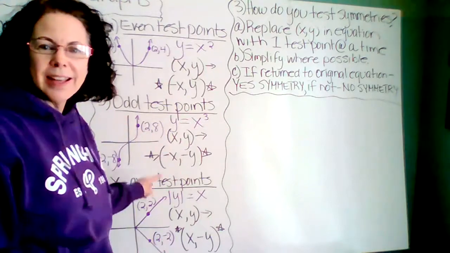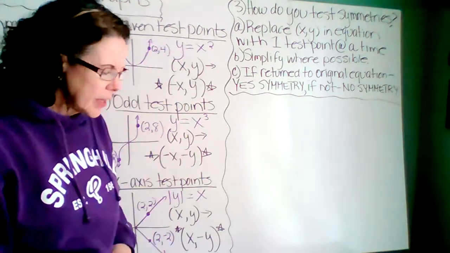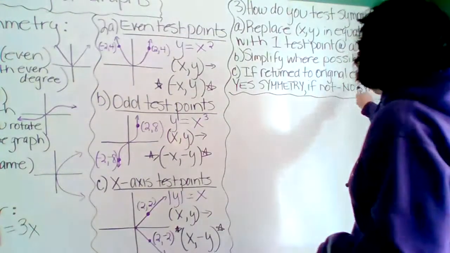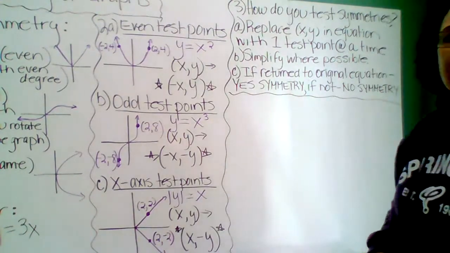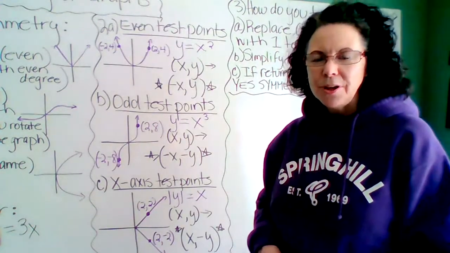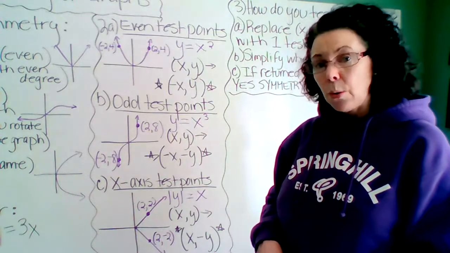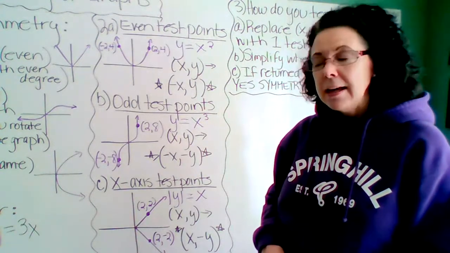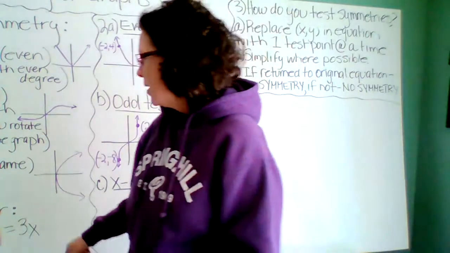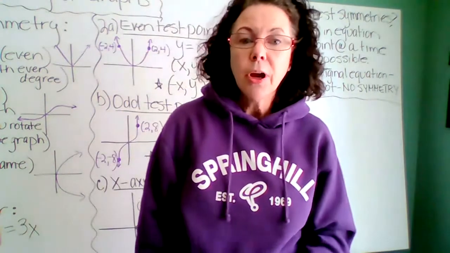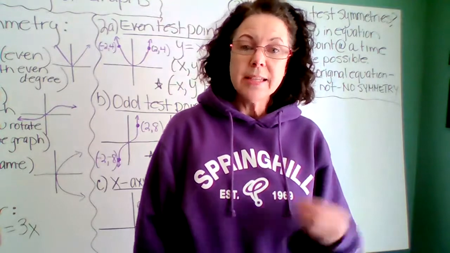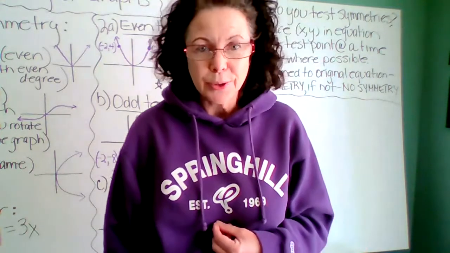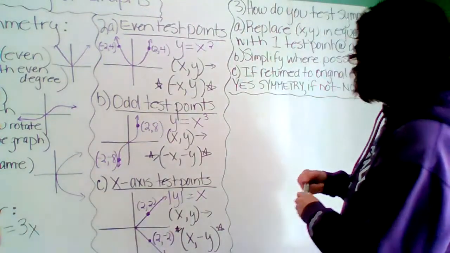And same for the other tests. If I do my simplification and I cannot return to the original equation, then the answer is no, it does not have that symmetry. Now when we do these examples together, we do have to use parentheses and be very, very careful with our negatives. Let's take a look.